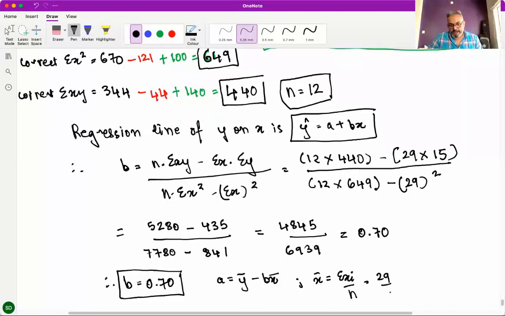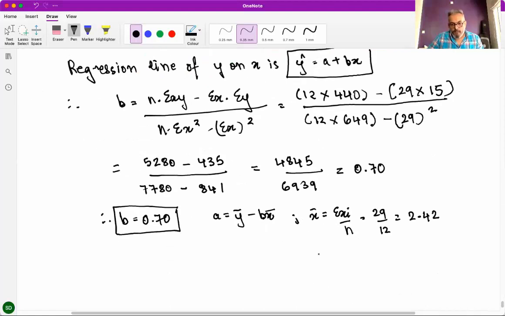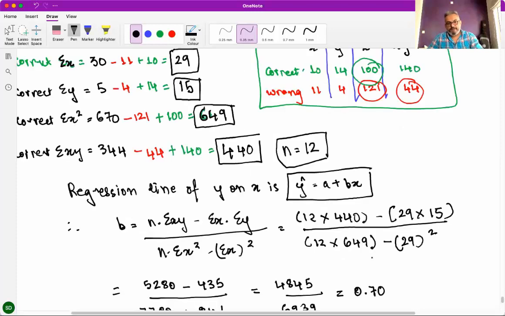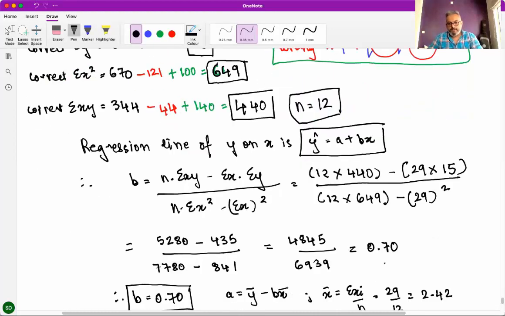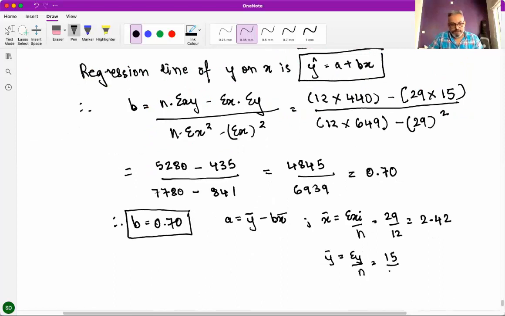So 29 by 12, which is equal to 2.4166, so 2.42. And y bar is equal to sigma yi upon n. What is correct sigma y? That is 15. So 15 by 12, which is equal to 1.25.